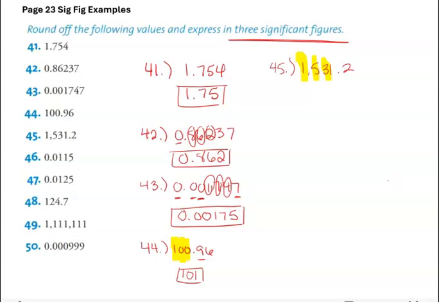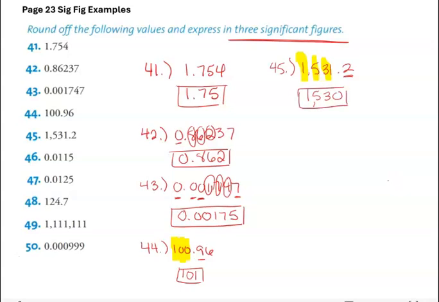So something has to be a placeholder in that last position. Because of this 2, we're not going to round up, so that 1 is just going to become a 0. So it'll be 1, 5, 3, 0. So 1,530 is going to be our answer.